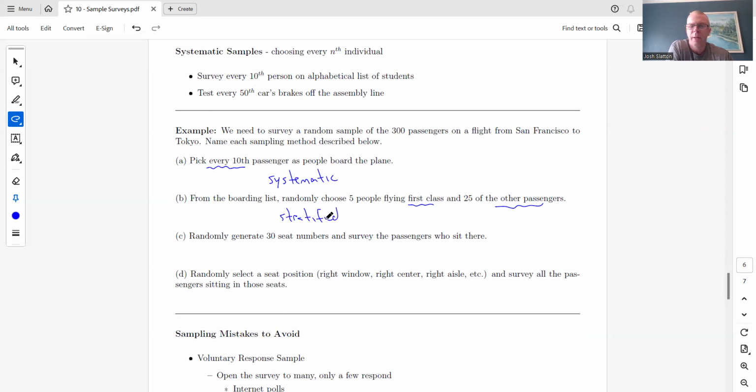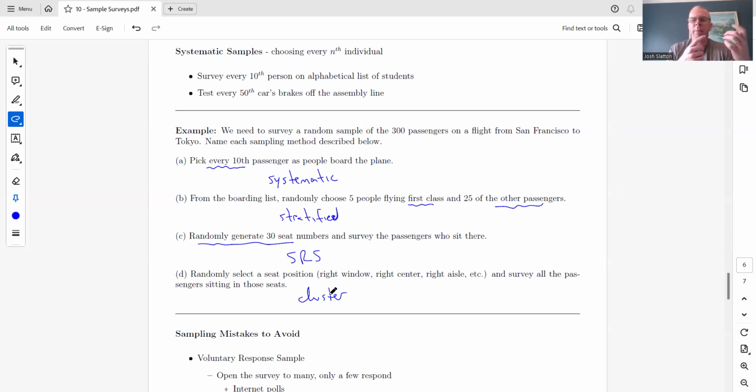We divide into groups and we get some from all the groups, in this case both groups. Randomly generate 30 seat numbers, survey the passengers who sit there. If you're just randomly generating numbers and there's no dividing into groups, that will be SRS. And then randomly select the seat position and survey all the passengers in those seats. That would be cluster.